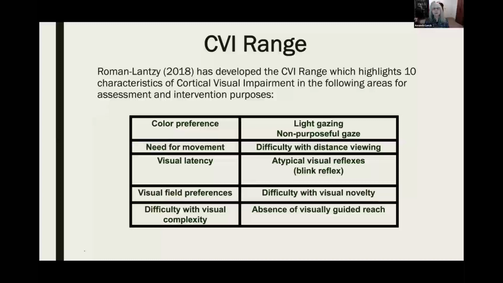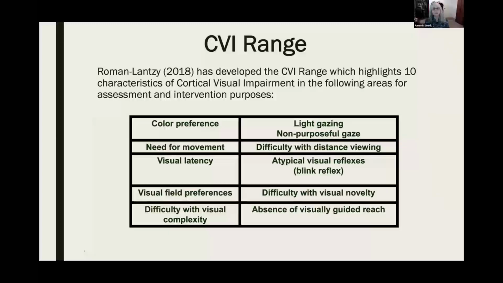Now, most of you know about the CVI Range by Christine Roman-Lantzy. This is another tier 2, in my opinion, assessment for children with CVI that highlights 10 characteristics of cortical visual impairment.